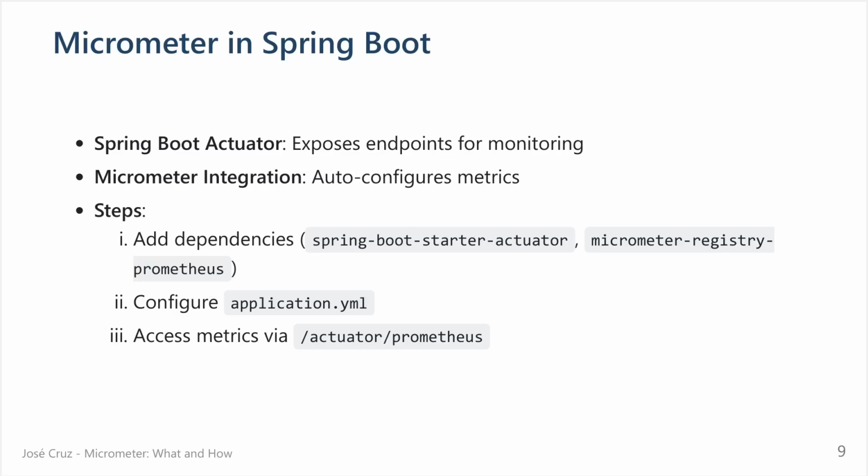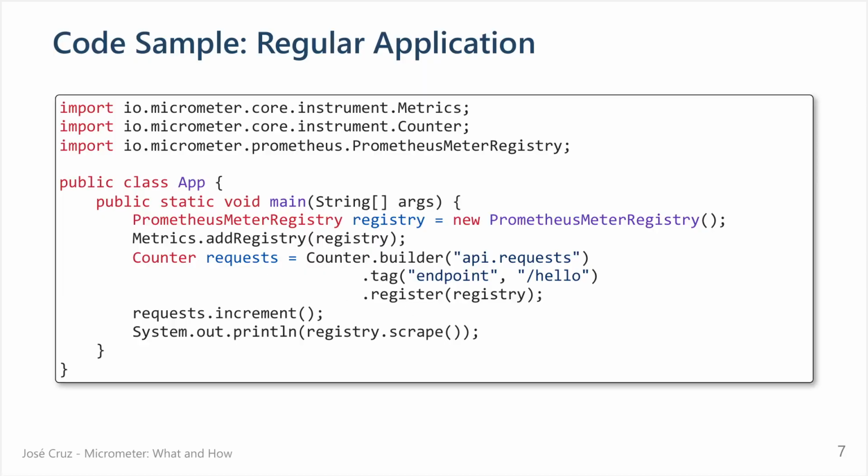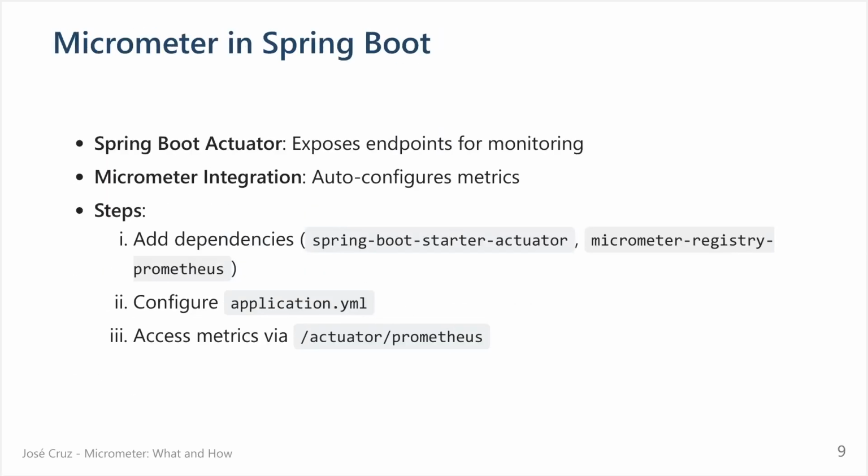And then you configure your application, because you have to expose the actuators. This is not about Micrometer, it's about the actuators. Usually they are hidden, and you have to expose them because they will be somehow public, exposing information about your applications. If you want to access metrics from the Prometheus meter registry, you use actuator Prometheus, unless you change this address.